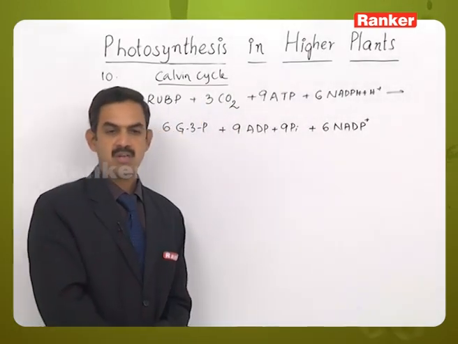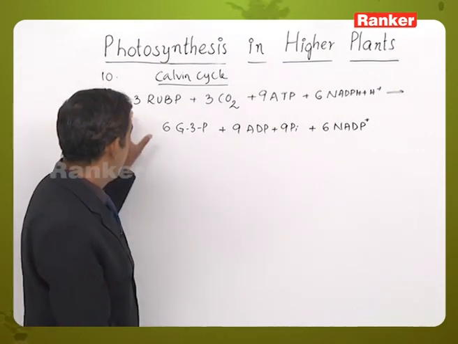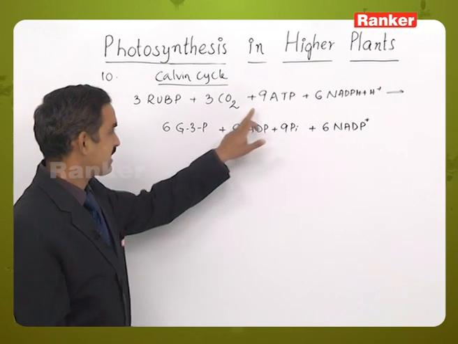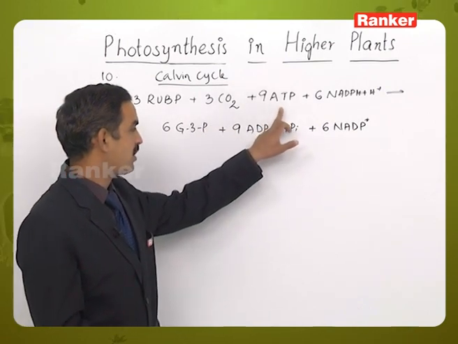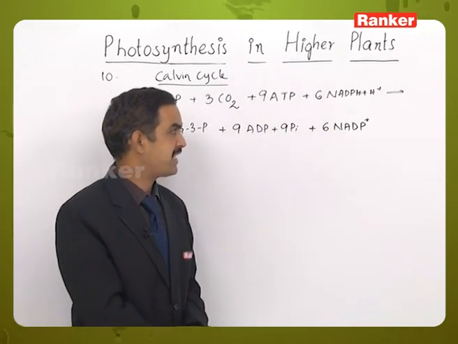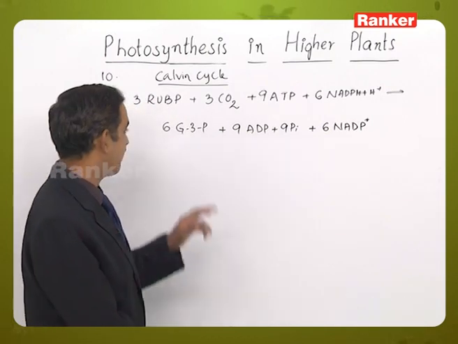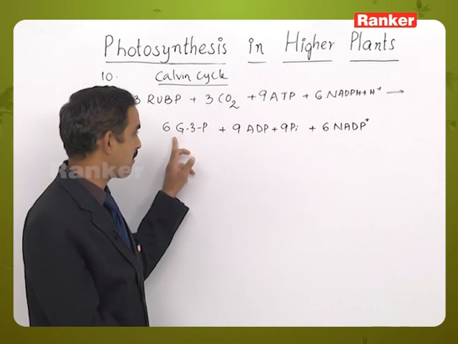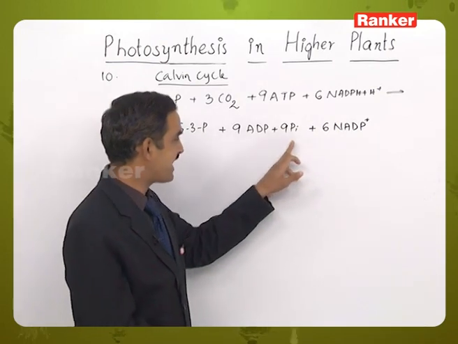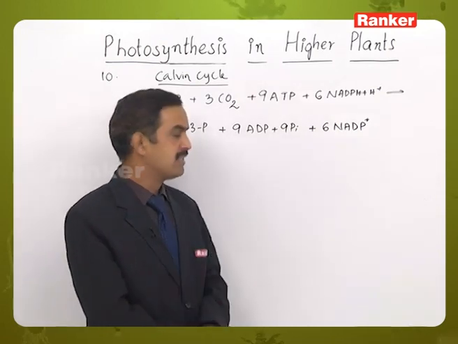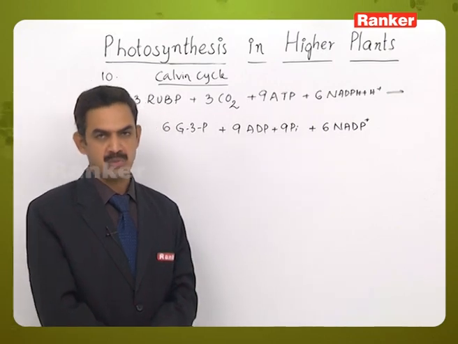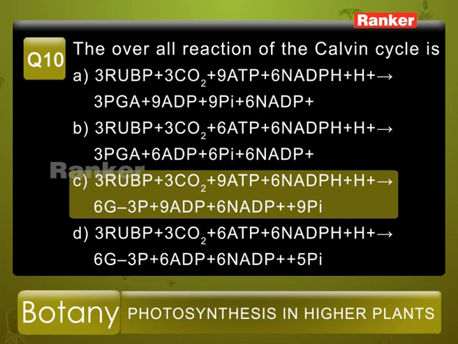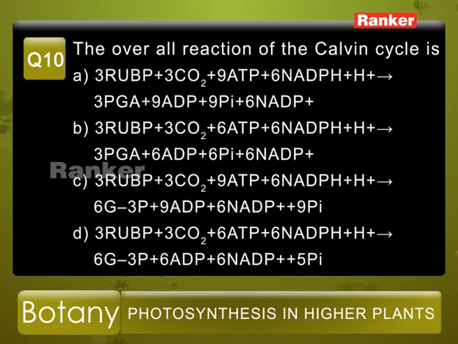So this is the overall reaction where 3 molecules of RuBP, 3 molecules of carbon dioxide, 9 molecules of ATP, 6 molecules of NADPH plus H plus give rise to the G3P pool, which contains 6 G3P molecules, 9 ADP plus 9 inorganic phosphate molecules, and 6 NADP molecules are produced. So from the given options, option C is the correct answer for this question.